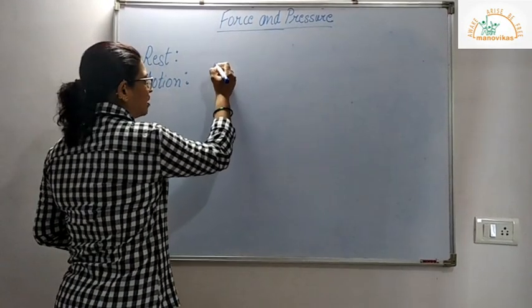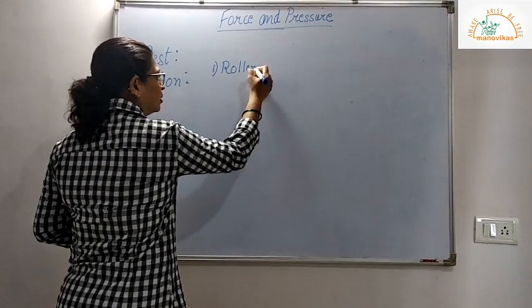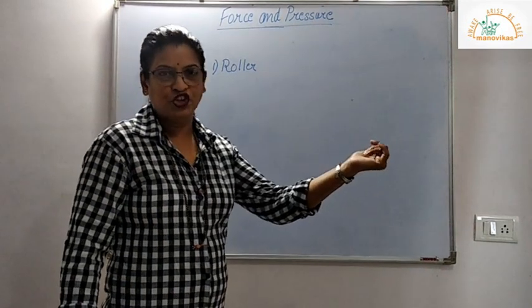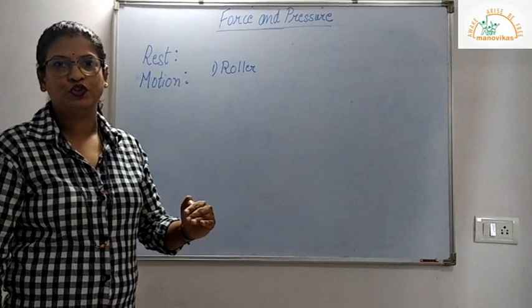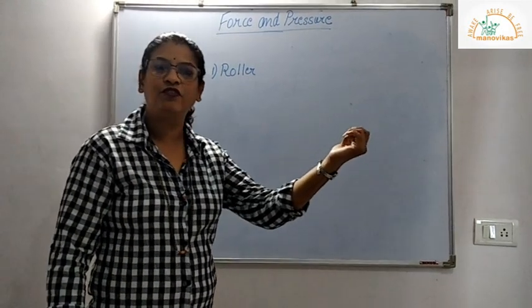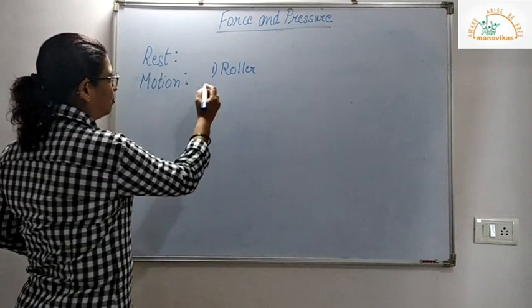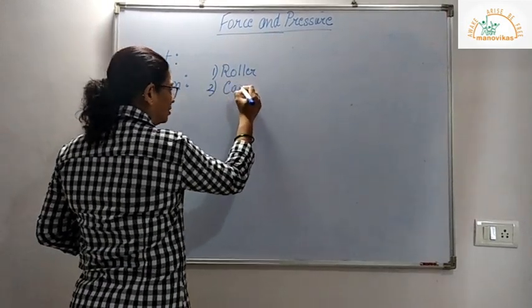First example is of the road roller. If we try to pull a stationary road roller, it is set into motion. So there is a force acting in the form of a pull on the roller. Second example is of a car.